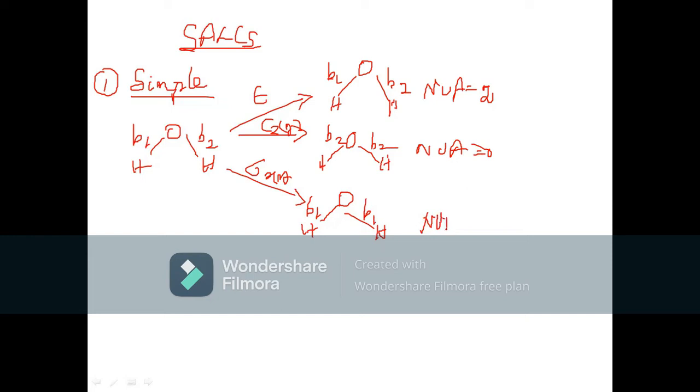Let me call them bonds, that will be more appropriate because we are looking into the bonds. Now the number of unshifted bonds is equal to 2.